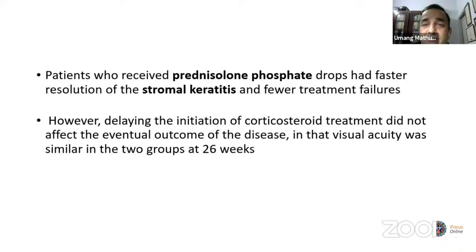They did not have enough patients recruited for stromal necrotizing keratitis. So when we are talking of prednisolone drops, it is largely the endothelitis and immune-mediated stromal keratitis. But even if you didn't use, the patient would resolve, but it would take longer.